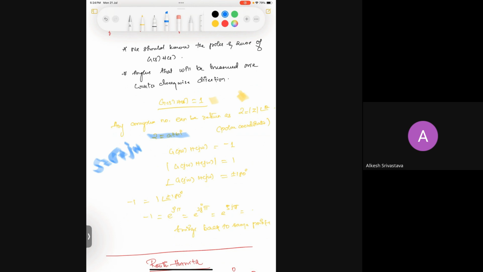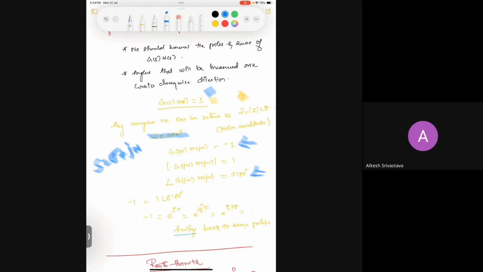So we are going to separate this equation into two different forms. One is in magnitude form, another one is in angle form, right? To facilitate the process. First, if I determine the magnitude or modulus of this equation, then I will get modulus of G of j omega and H of j omega. I'm just replacing s with j omega, only considering the frequency, not the real part, right?